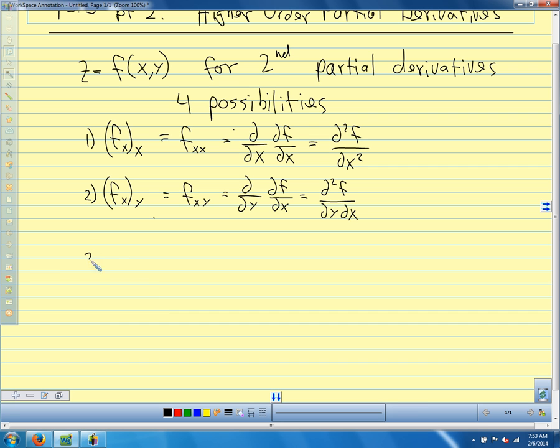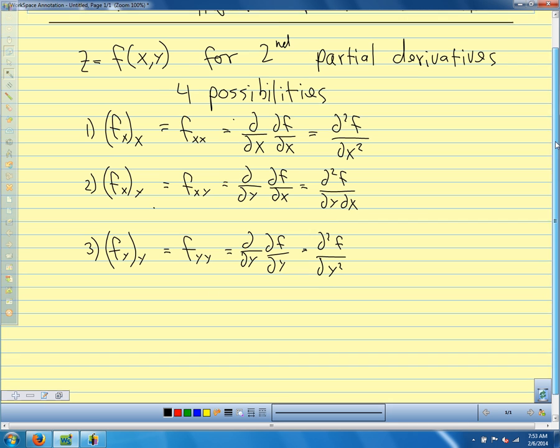The next two come from starting with the partial with respect to y. So we say f sub y. We can take the partial of that with respect to y. So that's f sub yy, our second partial with respect to y.